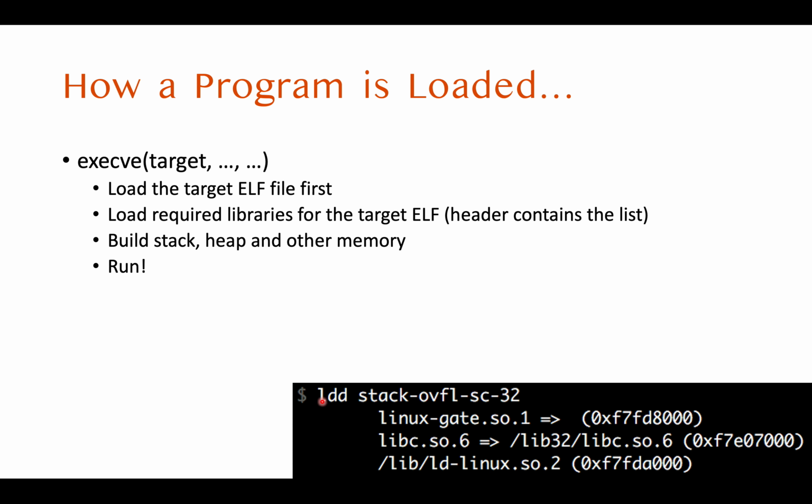If you run ldd and supply the file name, it will show what kind of library it will load. You can see libc.so.6, which is the entire C library, linked with the program. This means all the code of the C library will be available when we run this program.